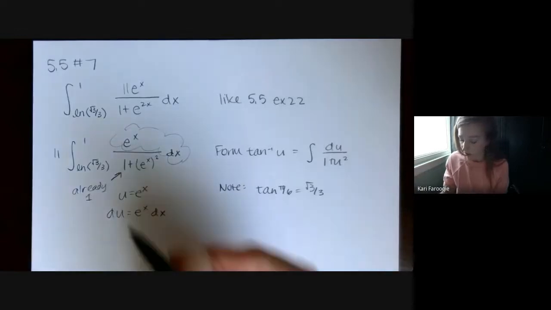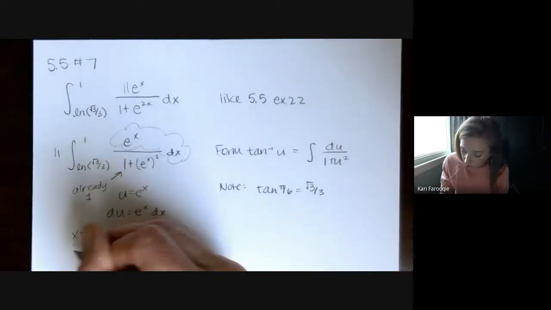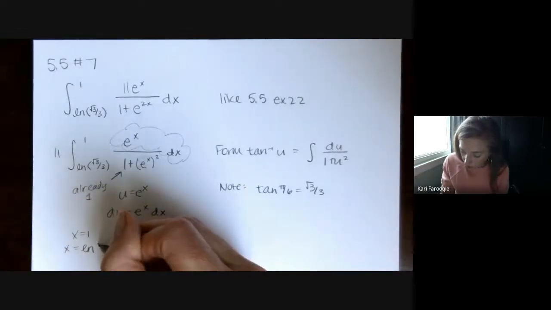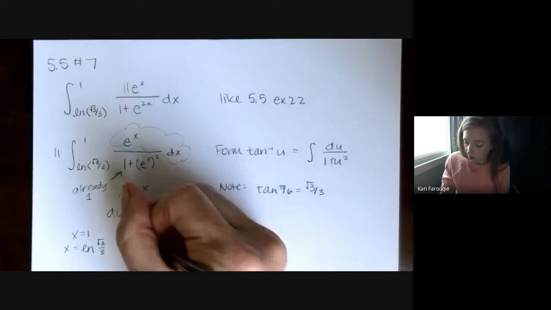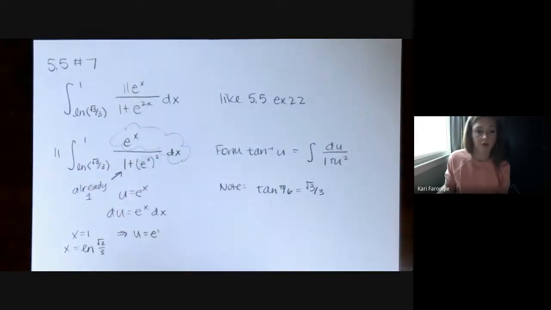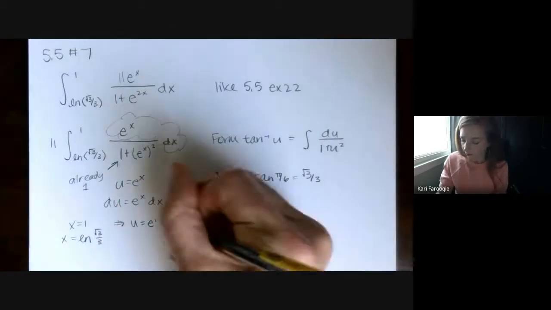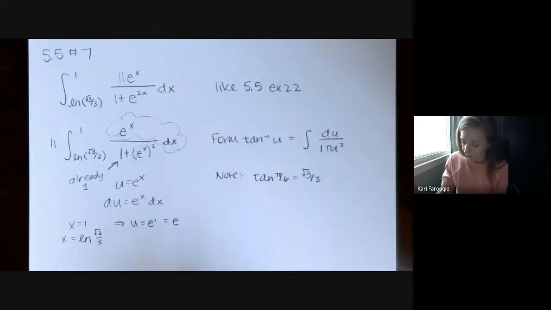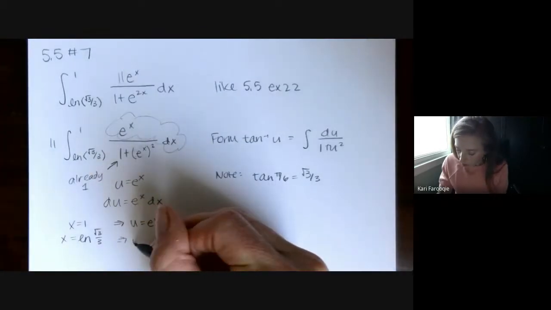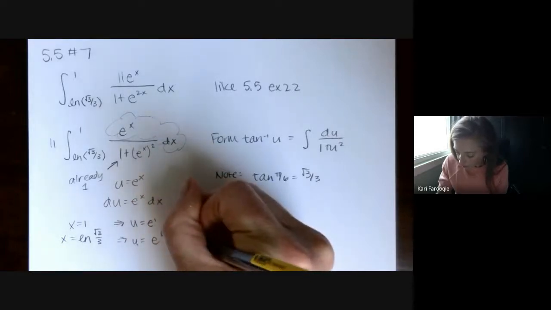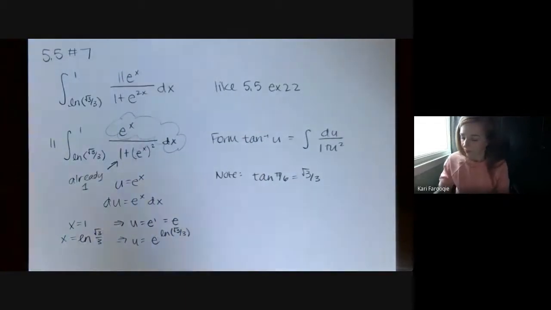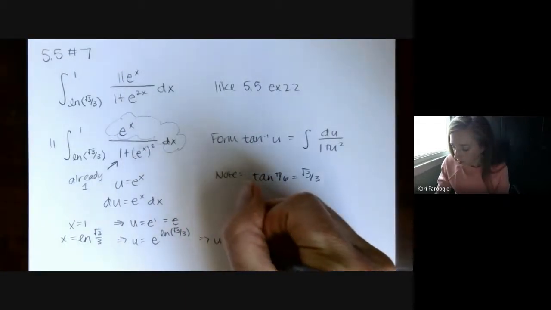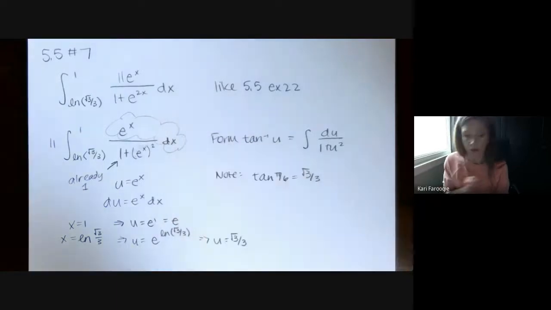So we have x equals 1 and x equals the natural log of the square root of 3 over 3. And we just said that u is e to the x. So that means that u is e to the first, which is just e. And u is e to the ln square root 3 over 3, and that just means that u is equal to the square root of 3 over 3.